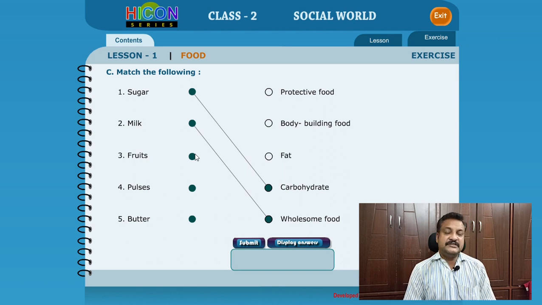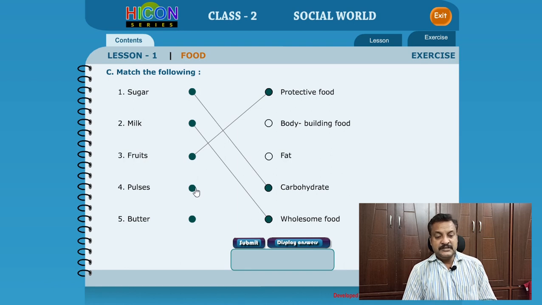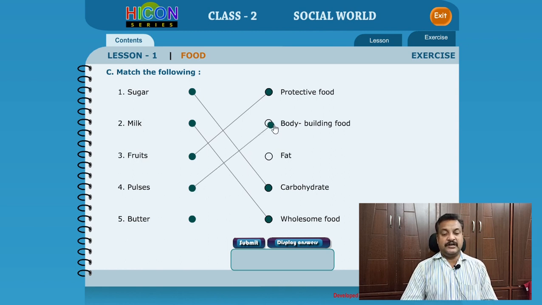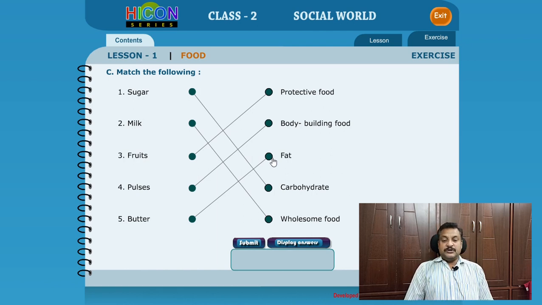Fruits have vitamins and minerals inside them, and they are known as a protective food. Pulses are basically grams which have a rich protein content, and they are known as a bodybuilding food, and butter has a good amount of fat in it. Okay, so sugar is an example for carbohydrate.